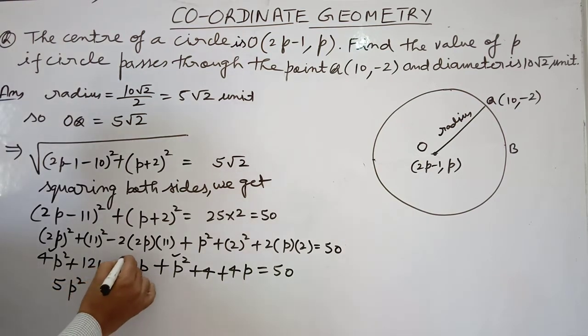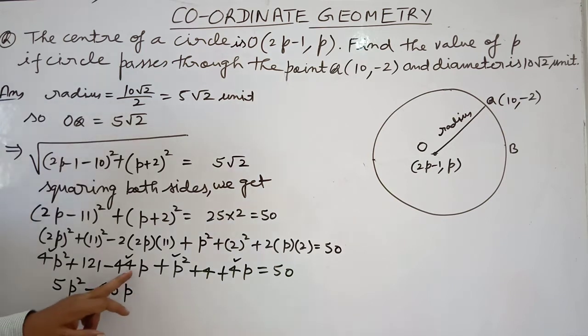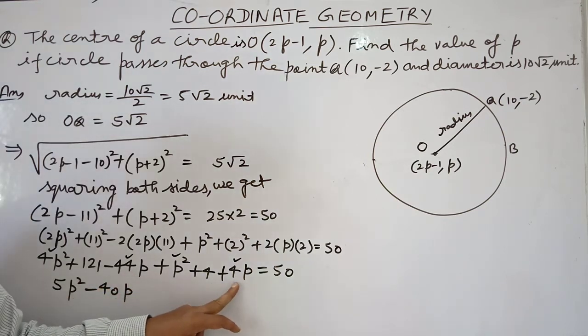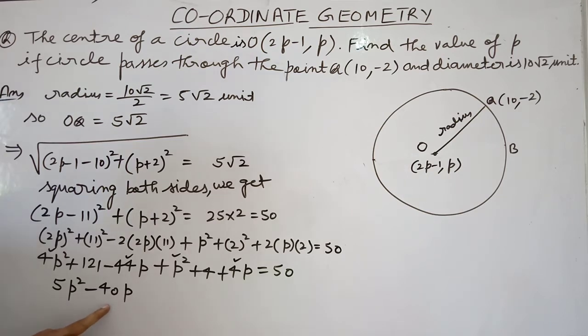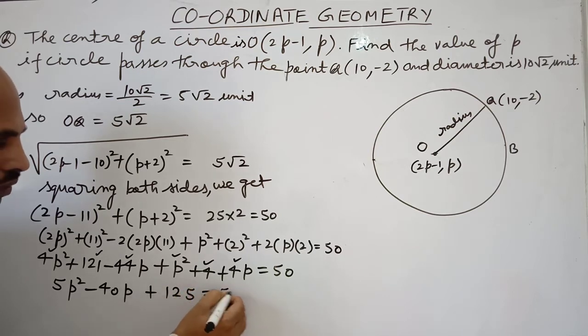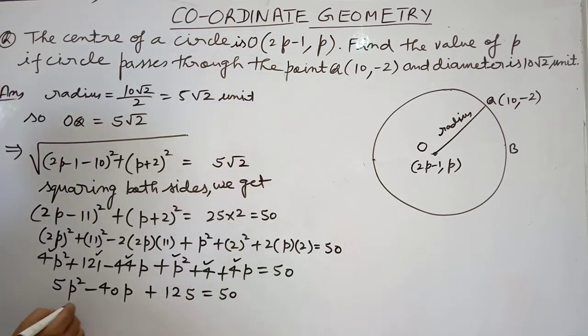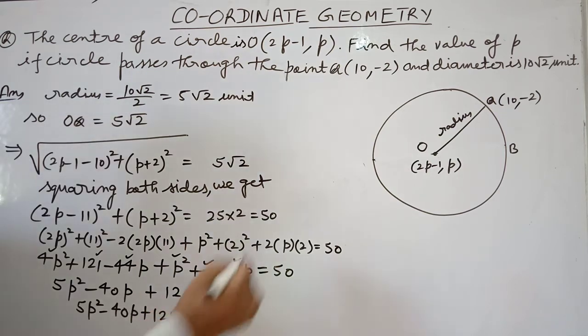Minus 44p plus 4p is minus 40p. 121 plus 4 is 125, equal to 50. Shift 50 to the LHS.